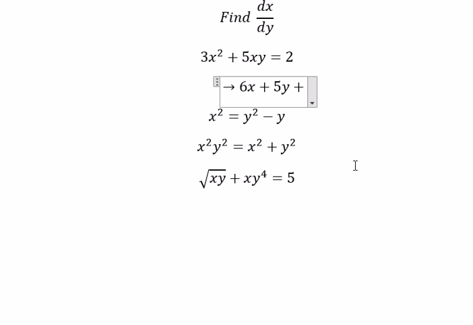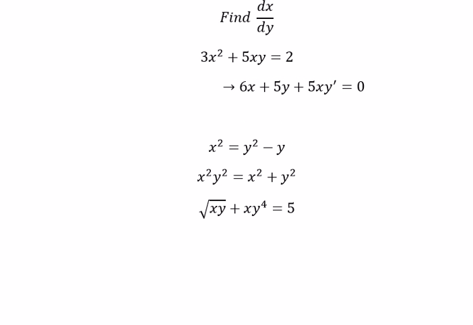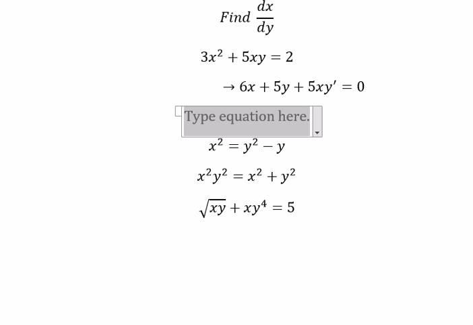In this situation, you get 5x times the derivative of y, and the derivative of the number 2 gives 0. And now we need to find the derivative of y. So we move 6x plus 5y to the right, so you get negative (6x plus 5y).